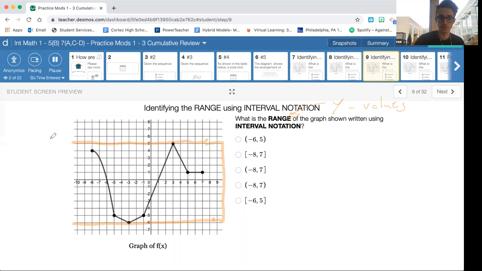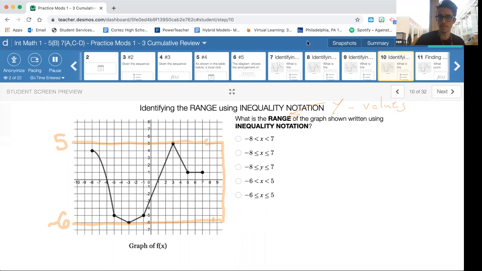So we really want this to go from -6 to 5. And we'll use brackets. And that does that. Same thing from -6 to 5, but we're talking about Y values. And this one makes the best choice.